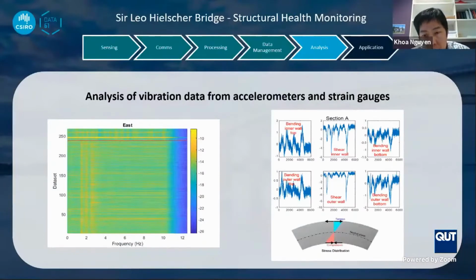Here is some of our finding: we find that the shear sensor has a clearer signal against traffic excitation compared with the bending strain gauge we instrumented. Next slide, please, Ben.